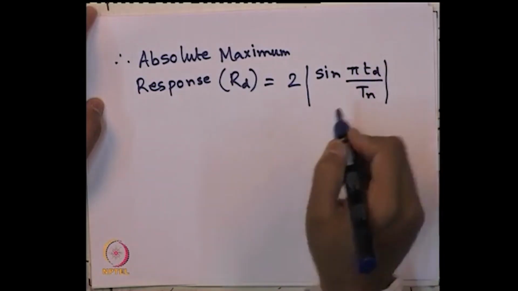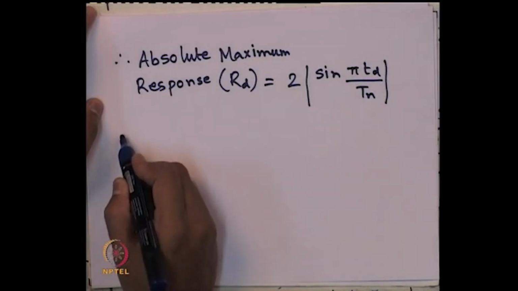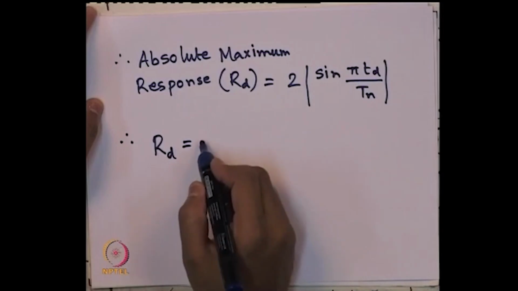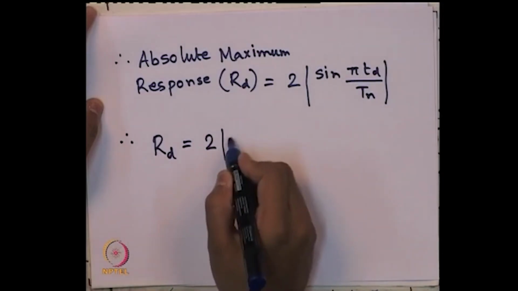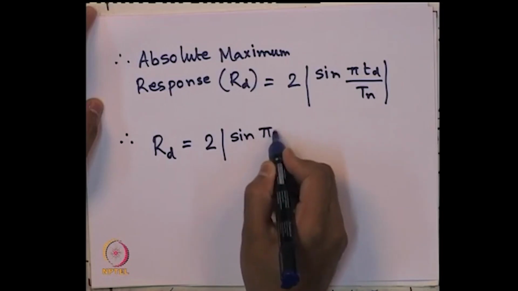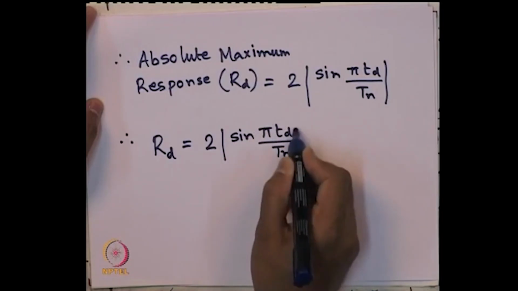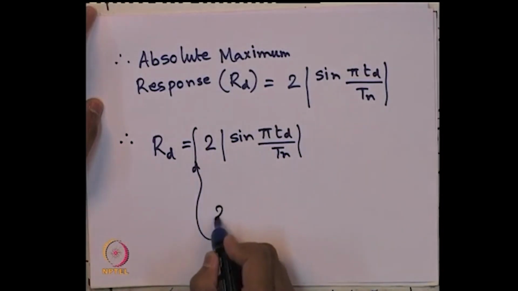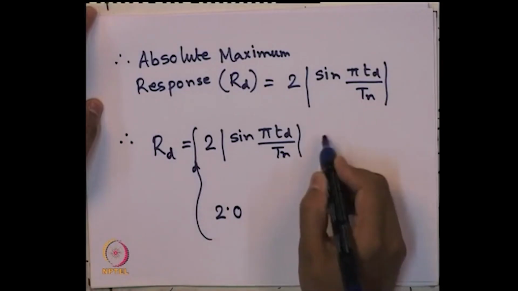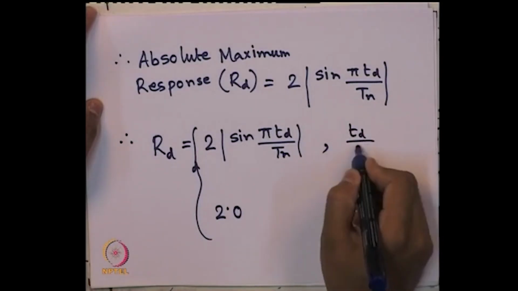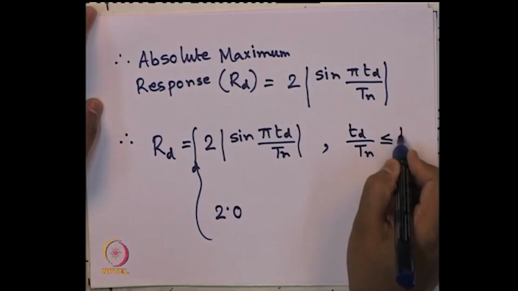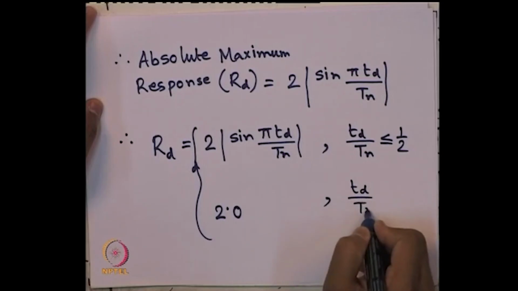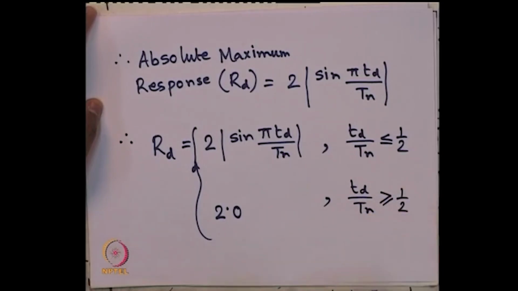This is for the free vibration phase. Therefore, if I write it in a combined form, I can write it as 2 times mod sine of pi Td by Tn, 2 solutions actually. This is one case, another case is 2. This case is valid when this Td by Tn ratio is less than or equal to half, and this condition when the Td by Tn ratio is greater than or equal to half.